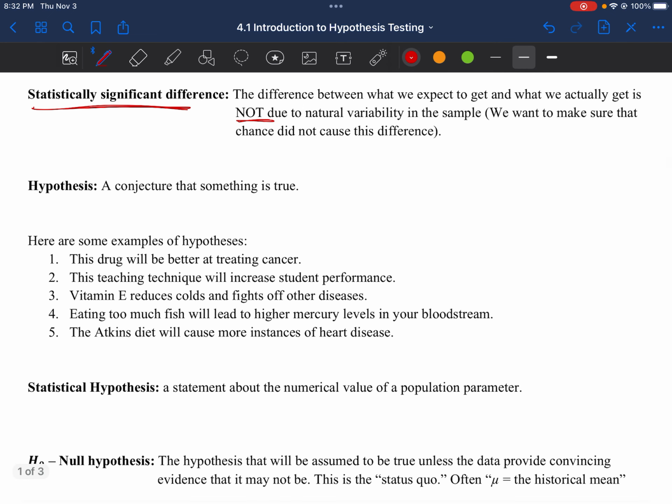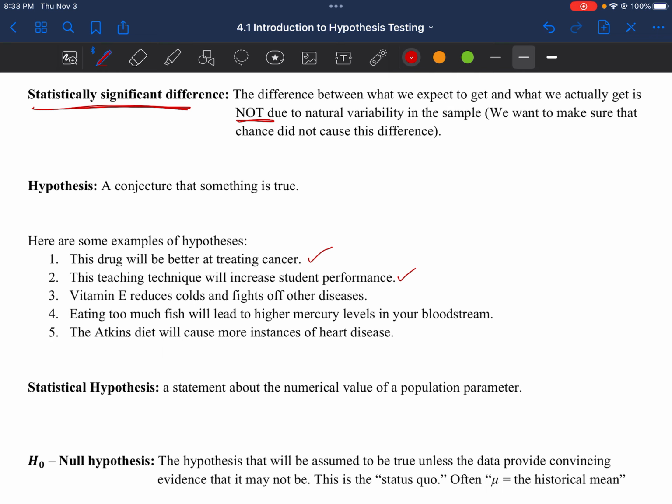And how do we know that in the sample that we've chosen that some of the people just were able to get better from cancer just because some people have that ability? In the grand population of this world, there are some people that are better at fighting cancer. There are some students that perform better.